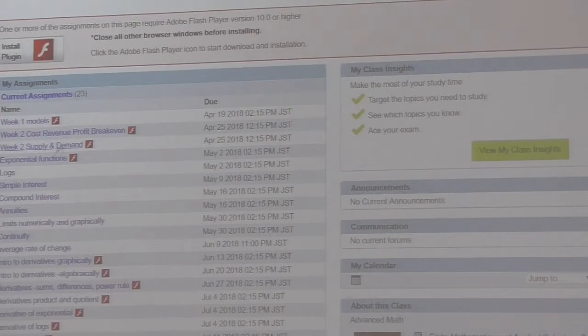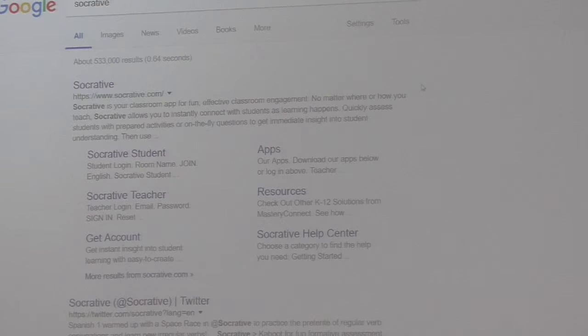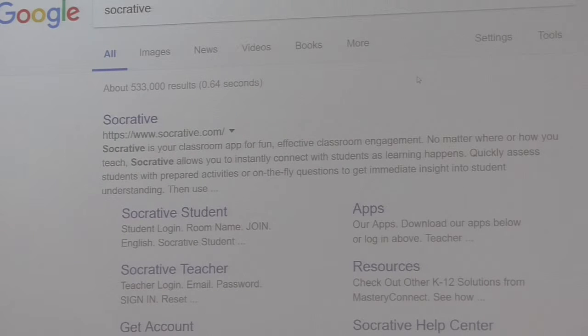Okay, so let's go to this one called supply and demand. Oh, sorry, let's have a quiz. Okay, so we're going to use Socrative. So you have to download the app. Everybody have a smartphone?